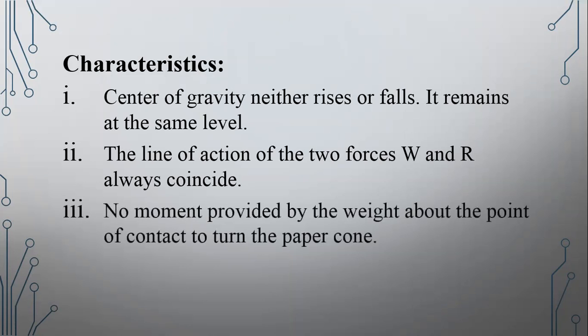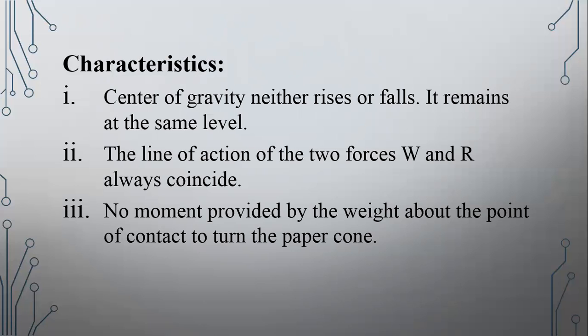And number three, no moment of force will be produced and no moment provided by the weight about the point of contact to turn the paper cone. So this is neutral equilibrium. So these are three states of equilibrium: stable, unstable and neutral.